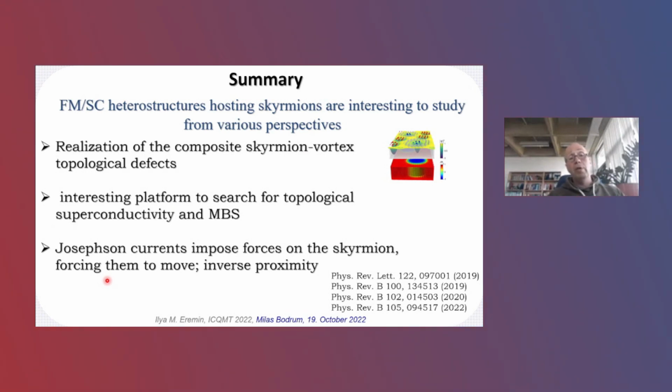But what we saw is that if you look at skyrmions between two superconductors, you can use the Josephson current to exert a torque on the skyrmion, forcing it to move, which is another way of manipulating a skyrmion. And of course, another proposal is the inverse proximity effect, where the skyrmion should give a special pattern for the Fraunhofer pattern. Okay, let me stop at this point, and thank you very much for your attention.